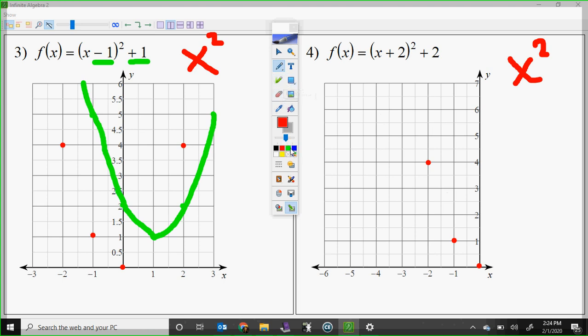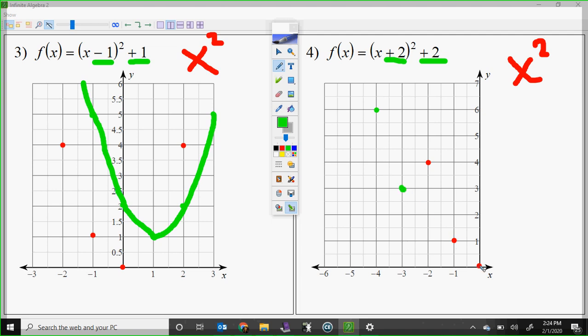And so, switch over here. The inside says +2, so that means I'm going left 2, and then I'm going to go up 2, so left and up. I'm going to start on this top point right here. If I move this point left 2, up 2, I get right here. If I move this point left 2, up 2, I get right here.